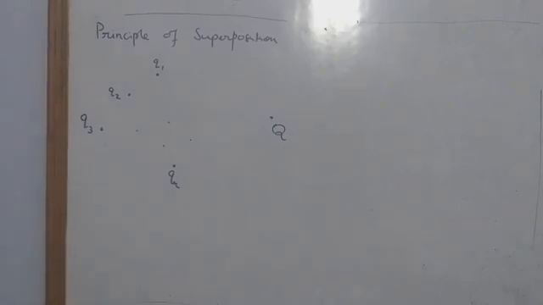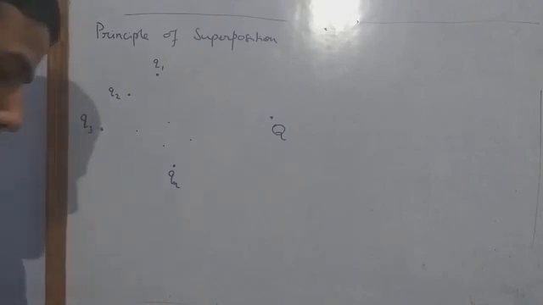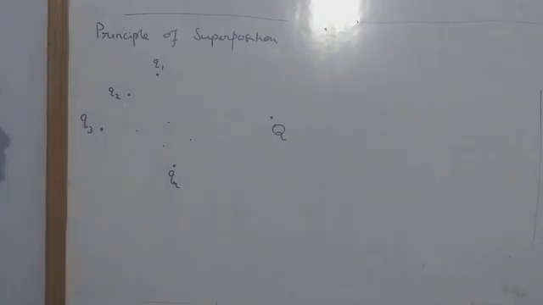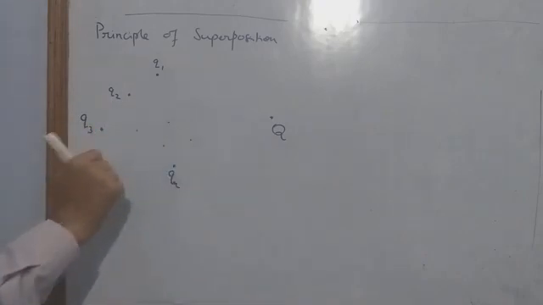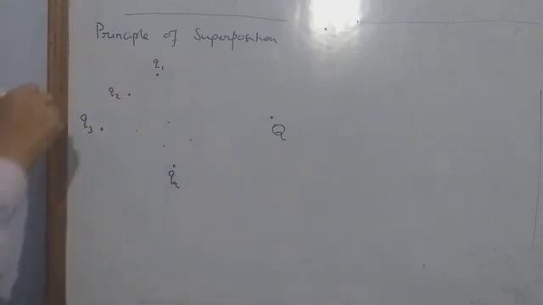Then this principle of superposition says that to find the net force on that charge capital Q, we just have to find the vector sum of all the individual forces that would be exerted on this charge Q by the other charges.